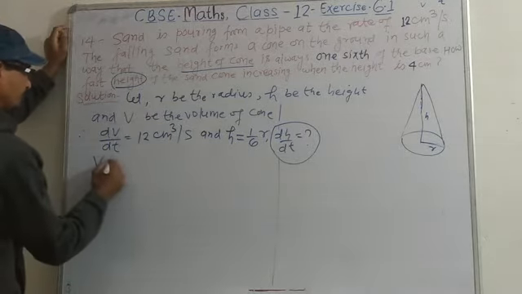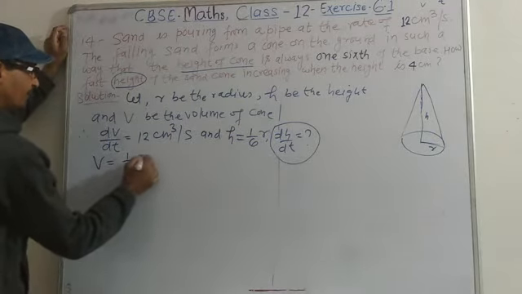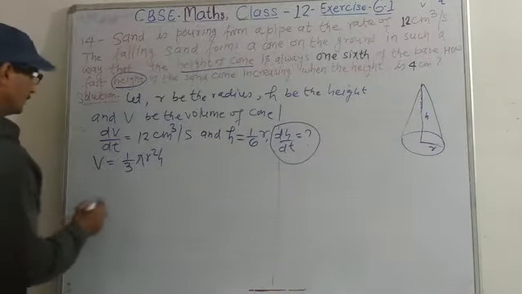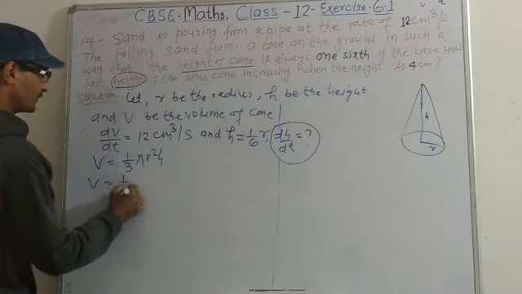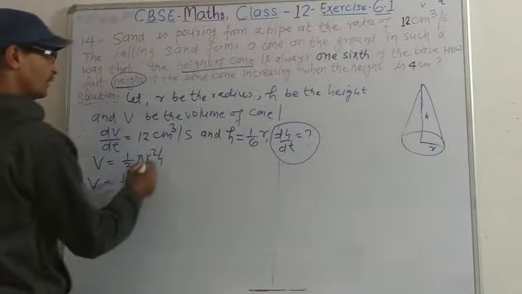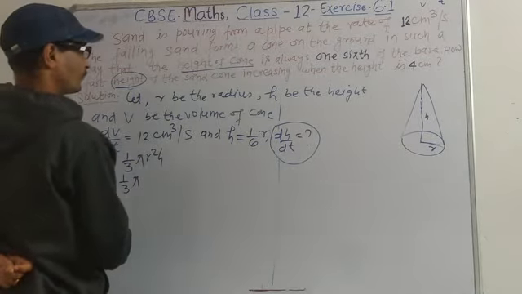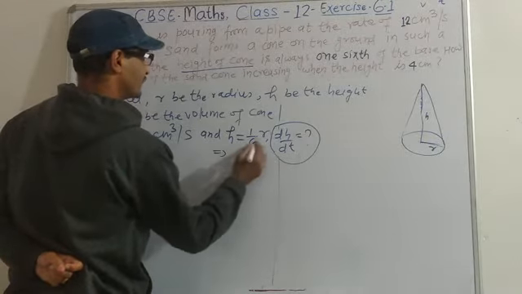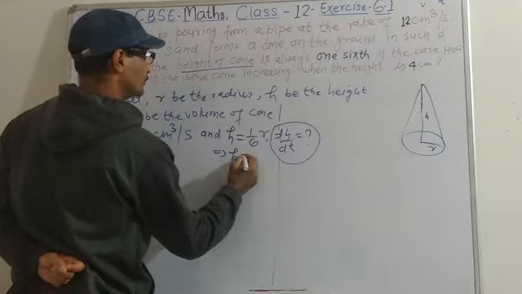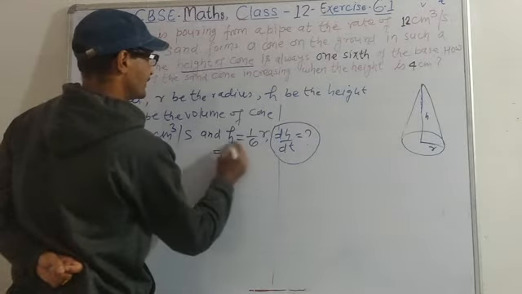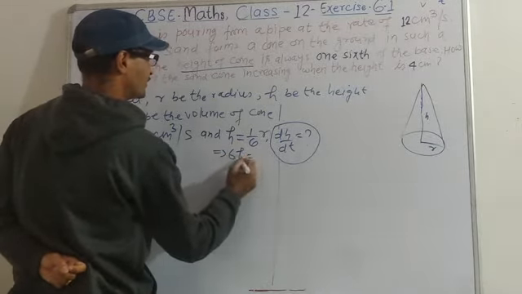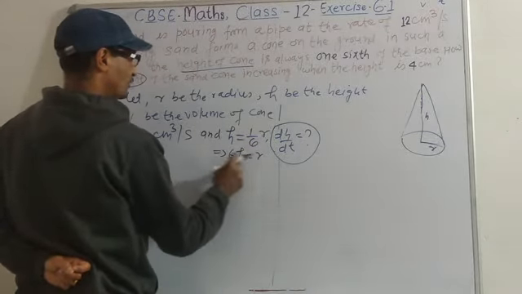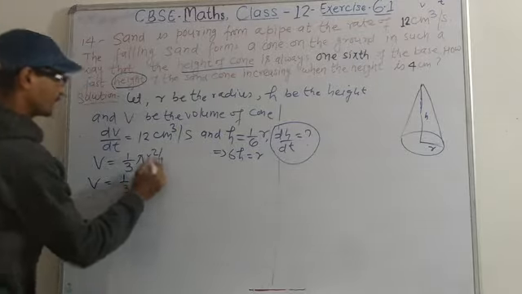Now what is V? Volume of the cone is 1/3 πr²h. Here we can also write h = r/6, so cross multiplying, r = 6h.